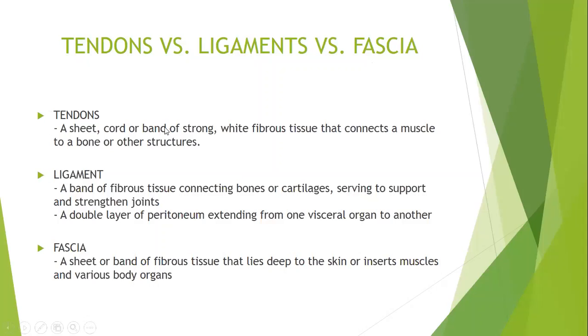Those are examples. And then we also have the ligament, which is a band of fibrous tissue connecting bones or cartilages, serving to support and strengthen joints. It can also be a double layer of peritoneum, on your abdomen, extending from one visceral organ to another. So the ligament is more like a seat belt. It keeps the bones in proper position or placement.